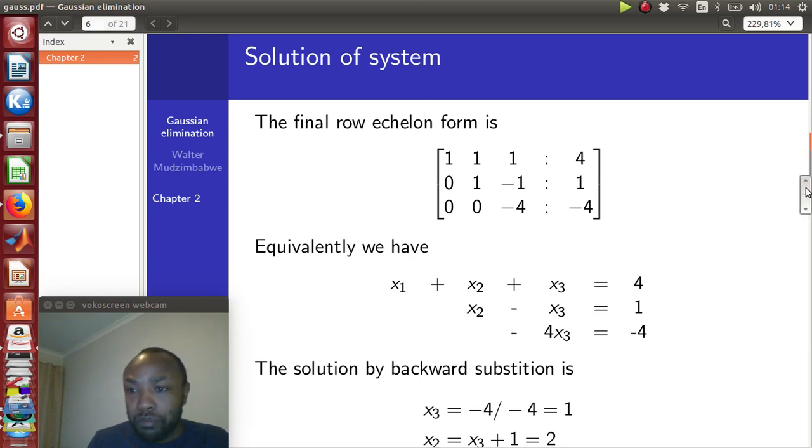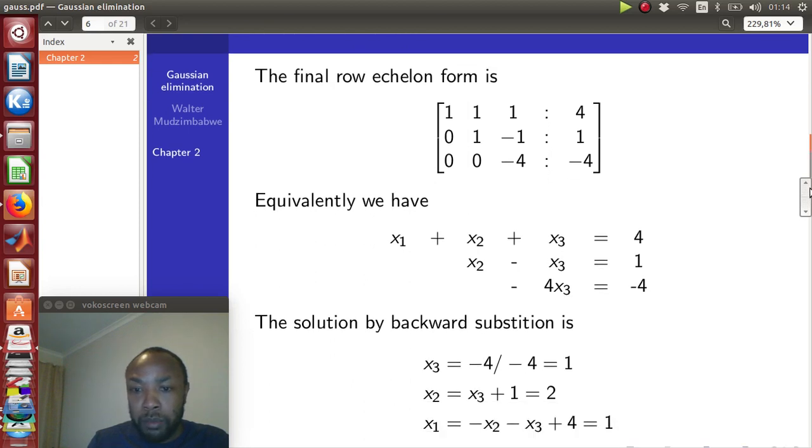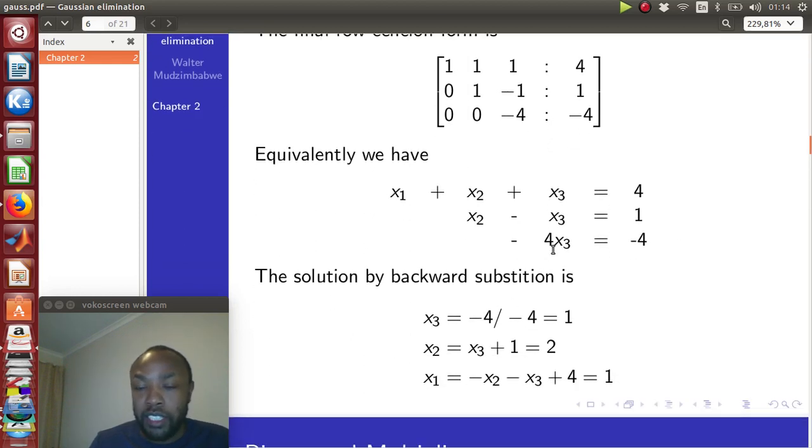Now if we simplify and find x3 here, that means we divide by minus 4 both sides. From the last equation we get 1. And from row 2 it means x2 is going to be 1 plus x3, but because x3 is 1, we now have 1 plus 1, which is 2 for x2. Finally, x1 is equal to 4 minus x2 minus x3, which is going to be 4 minus 2 minus 1, which is equal to 1.